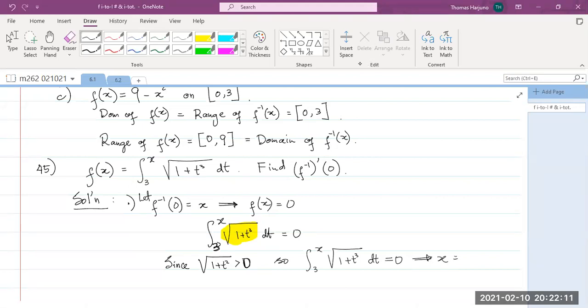So the integral can only be 0 when x equals 3. If you change this to 3, the integral from 3 to 3 must be 0 in every case.